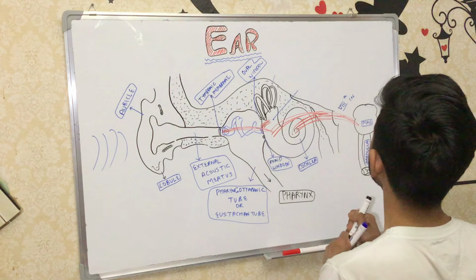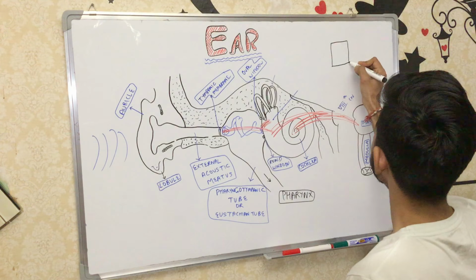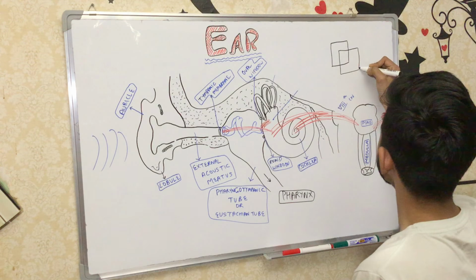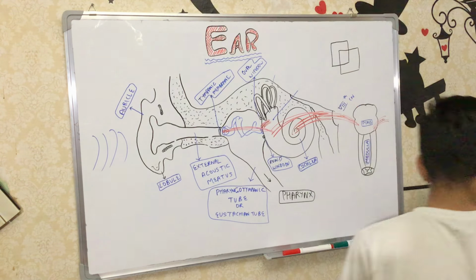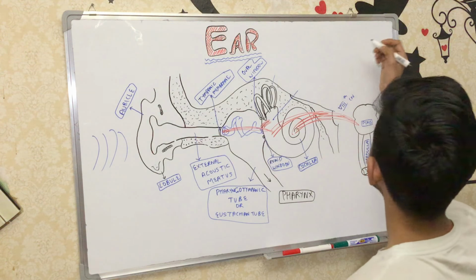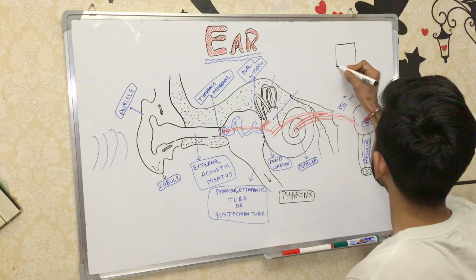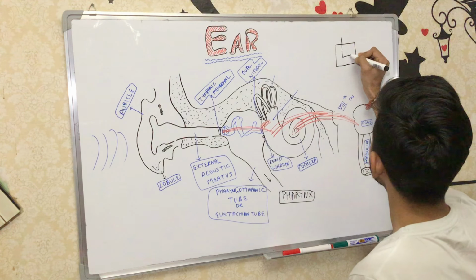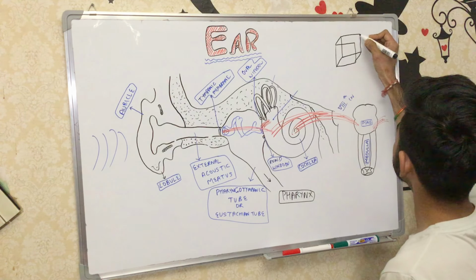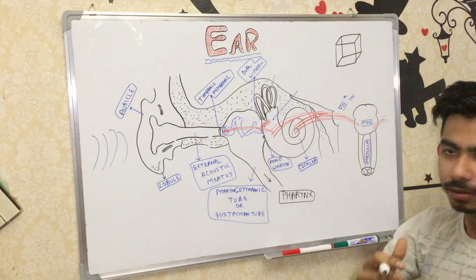So for example, actually I'm trying to make the 3D structure so that you can really understand what I'm trying to explain to you. So this structure is like a box, but I'm trying to show the different surfaces of our middle ear.